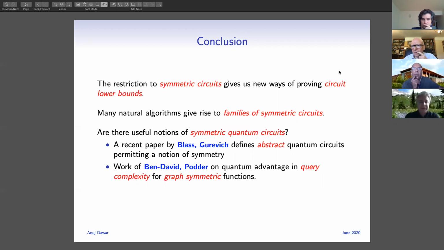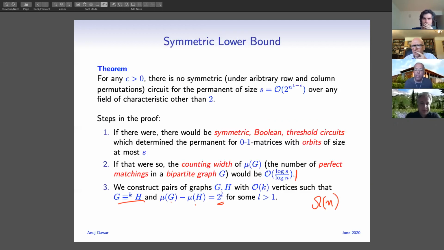The key to the method, the key that connects our symmetric circuits to what I call counting width, is this idea that if you look at the action of the permutation group on, say, vertices of the graph or the rows or columns of a matrix, and it has to extend to an automorphism, and the orbits have to have small size, then the stabilizer group of every gate in the circuit is fairly large, because its orbit is small.